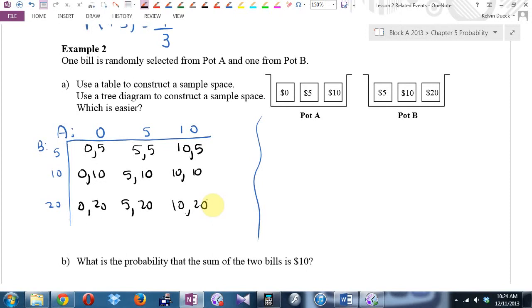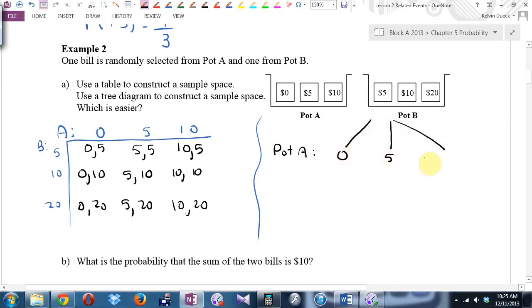You could also get there with a tree. You could start out by saying pot A, and pot A has 3 possibilities, 0, 5, and 10.